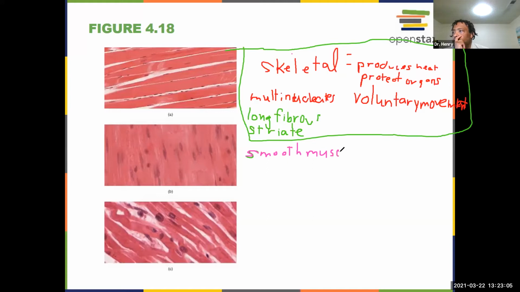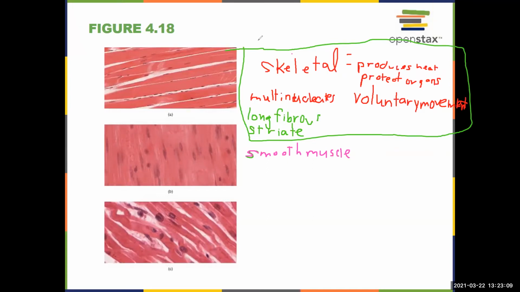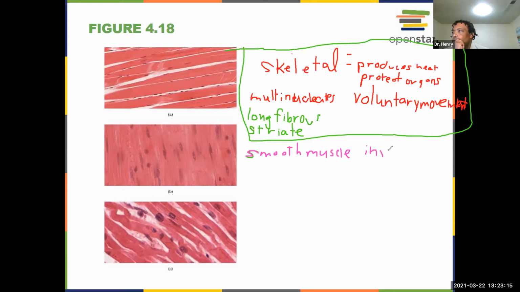Okay, so what do we use smooth muscle for? Involuntary movement. Okay. Anything else?